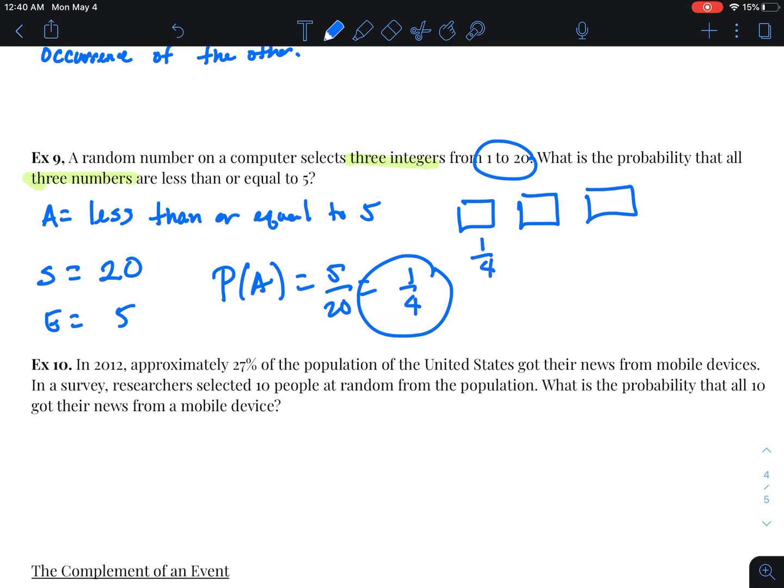So we've got a 1/4 chance. The second one, the first one has nothing to do with it, so it's going to be 1/4 again. The third is 1/4. Okay, we'll multiply it all together. We get a 1 out of 64 chance that all three numbers it selects are going to be less than or equal to 5.